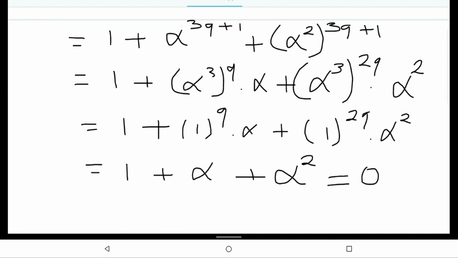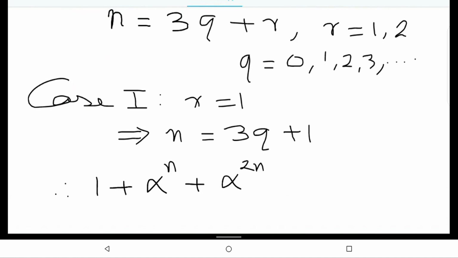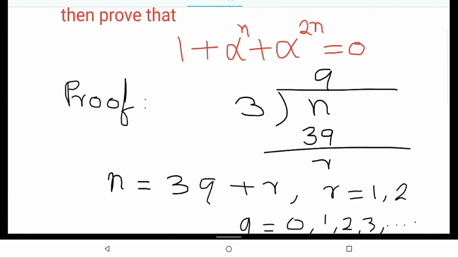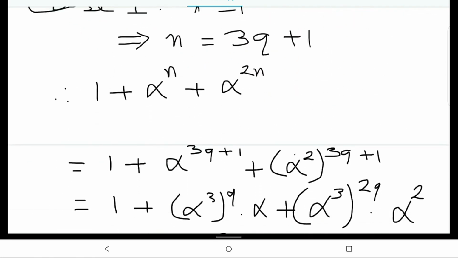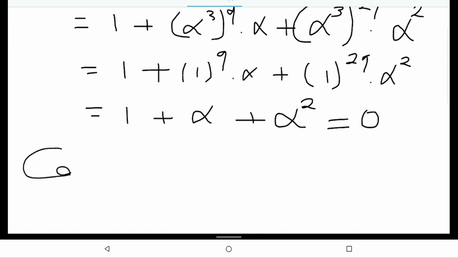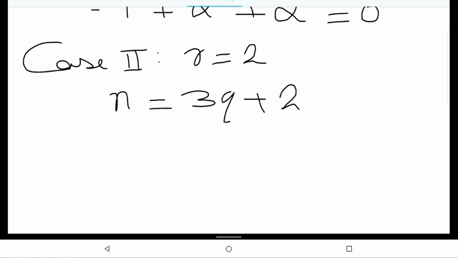Well done. So case 1 we are done: if the remainder is equal to 1, then we have shown that 1 plus alpha to the power n plus alpha to the power 2n equal to 0. Now case 2, r equal to 2. Then again n equal to 3q plus 2. That is simply by the division algorithm.